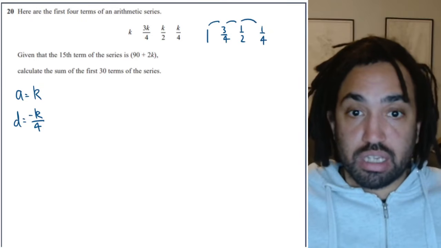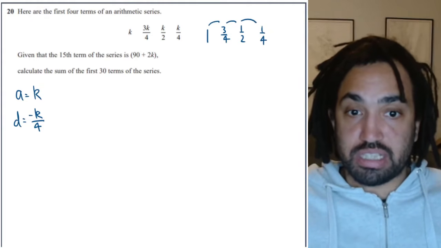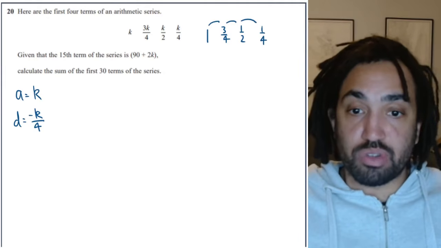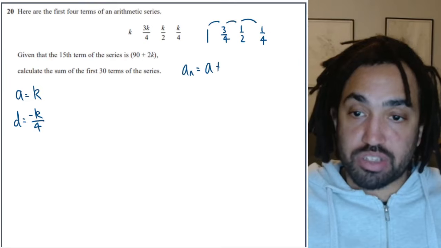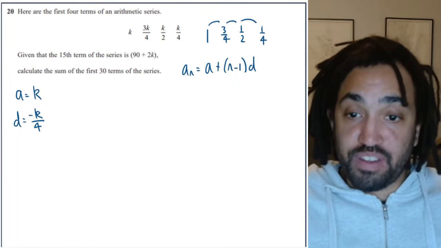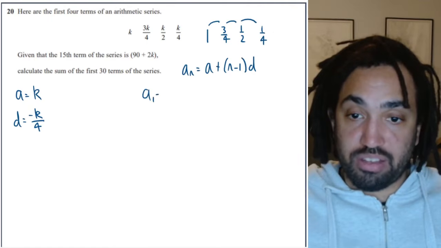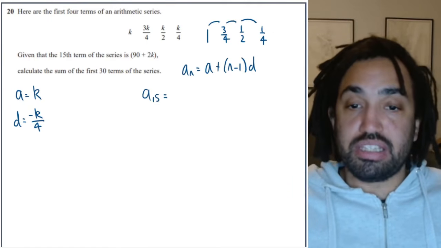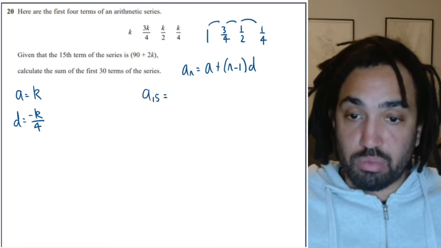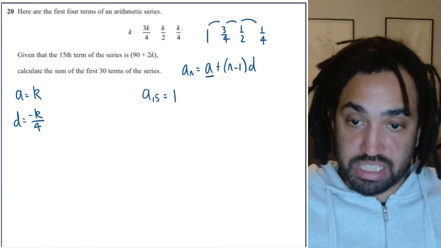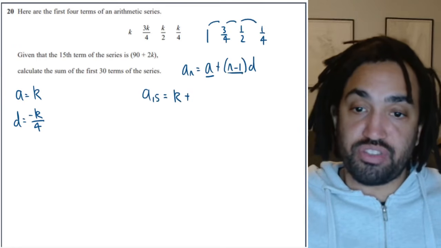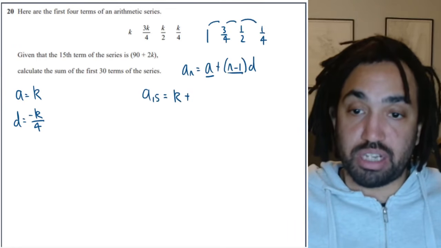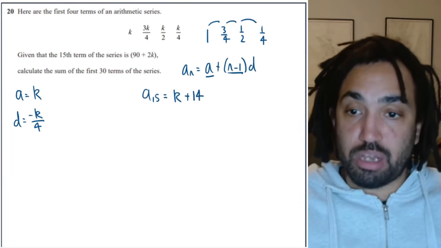Okay, great. Now, what does it say? It says given the 15th term. So we've got to use that formula, the nth term one, which we're not actually given, but we have to use this in this case. So the 15th term, we could call it A15, is equal to, well, the first term, A, which is k, plus n minus 1, which is 15, because 15 is the position, minus 1 is 14, times by d.